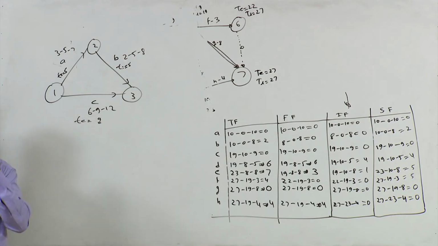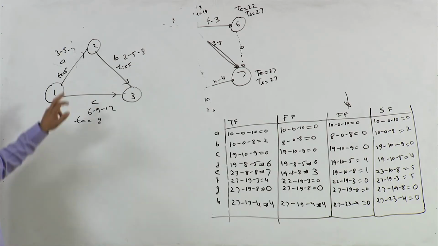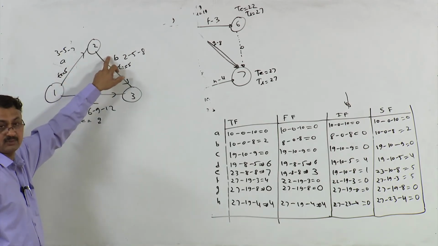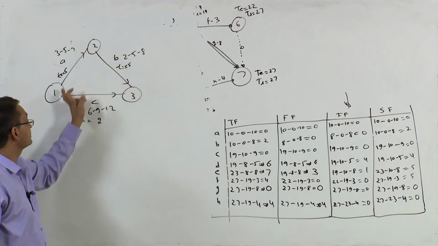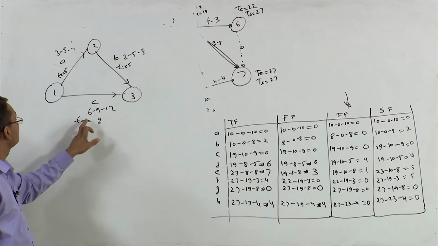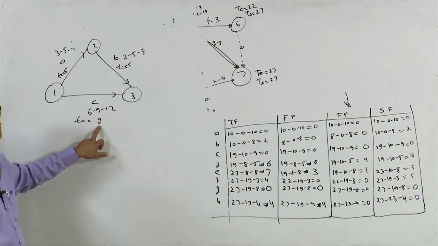In that case the critical path will change. When I say these two activities are completing at their optimistic time, it means 3 and 2. So this is 5 and this is 9.